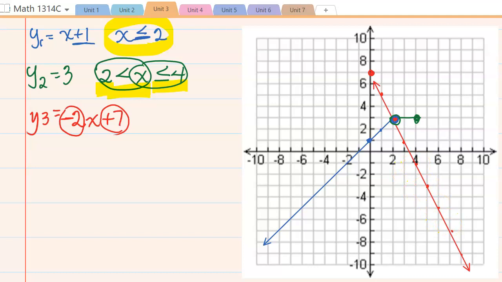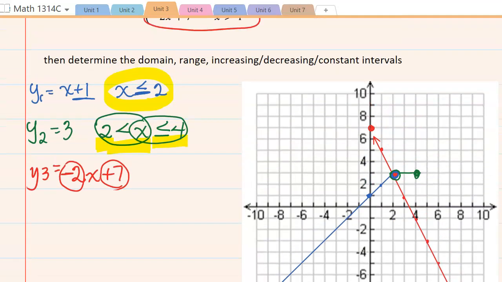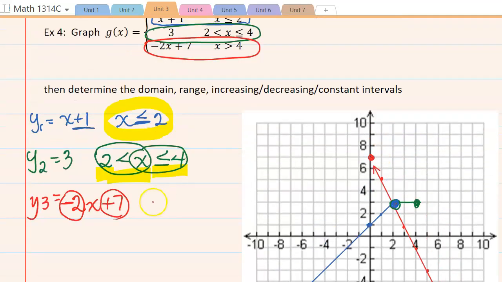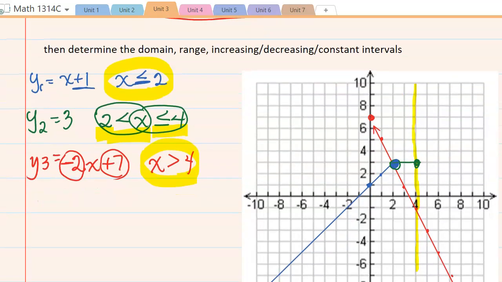The next thing we're going to realize is going to be our domain. It says this is good for anything greater than 4. So again, I'm going to come around and go to x equals 4. And we're going to keep everything that is greater than 4, which means I need to erase everything that's to the left because we're going to keep everything that's to the right.